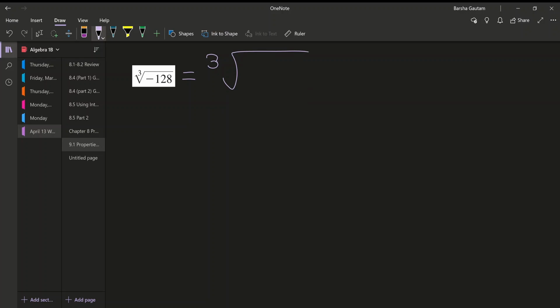So we're going to try negative 128 divided by 2 is negative 64 times 2. So from here, we can separate these two pieces into the cube root of negative 64.